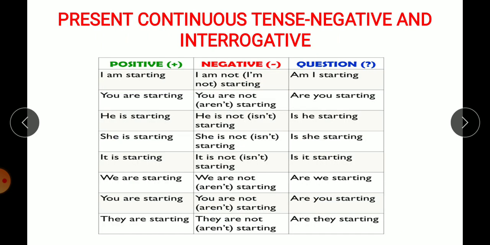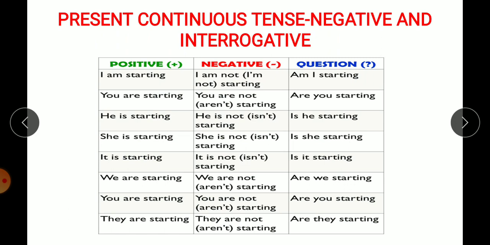Now in present continuous tense, also it's the same, like I am starting, you are starting, he is starting. Now is, are, am, they all are what?